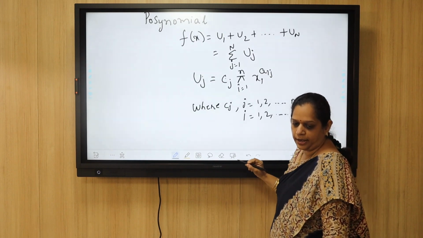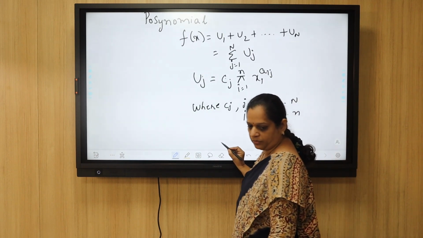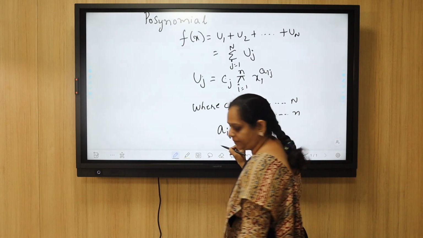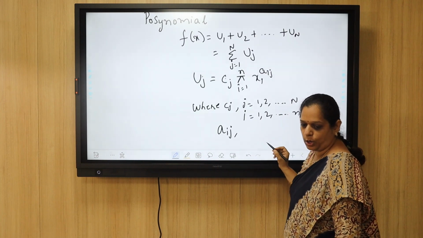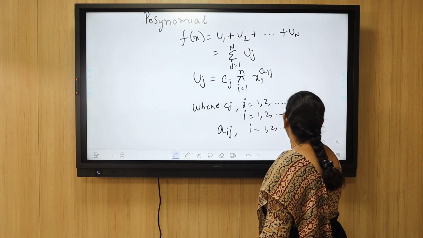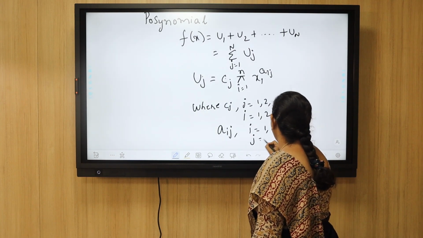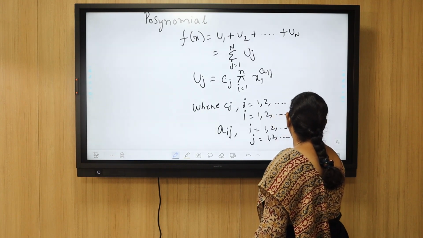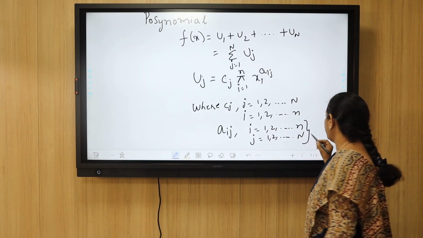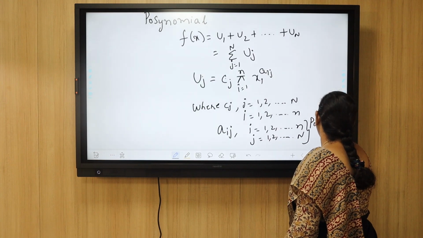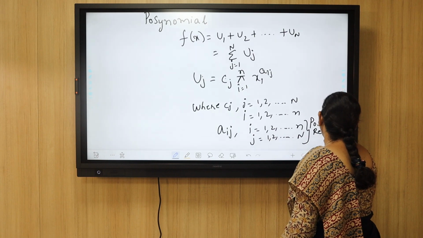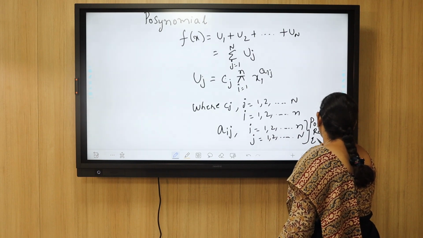Again, the aij, for i equal to 1 to n and j equal to 1 to n, are called positive real exponents.